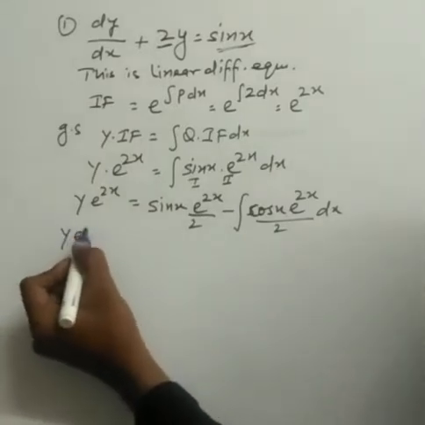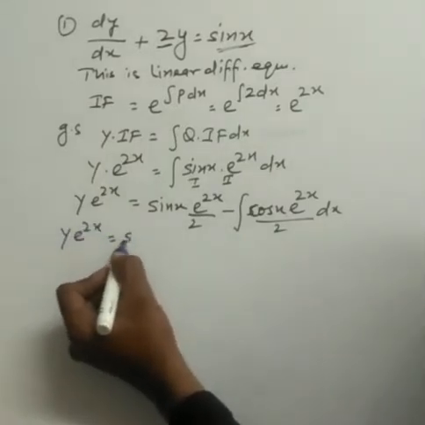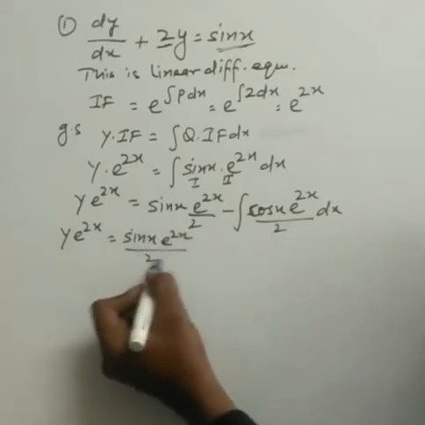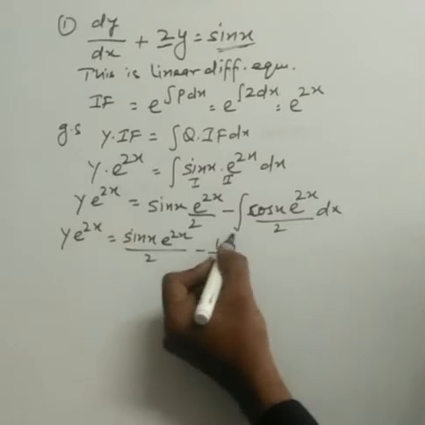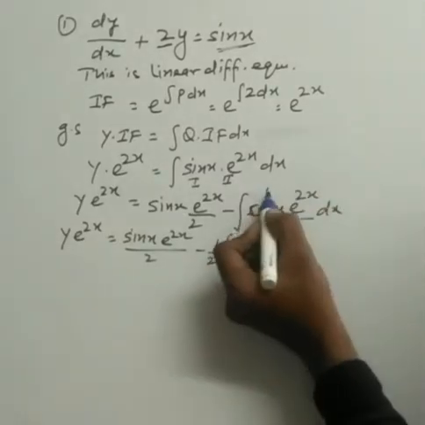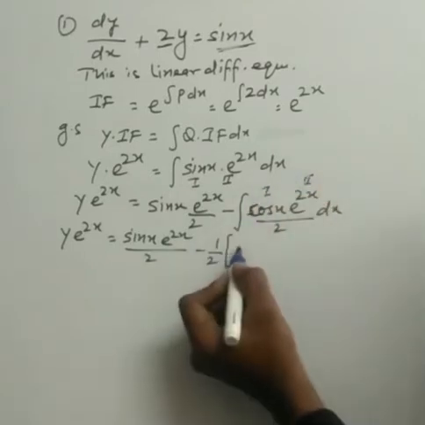Now y e power 2x equals sin x e power 2x upon 2, minus 1 by 2 times an integral. Again here we have to apply the integration by parts method. This is first, this is second.